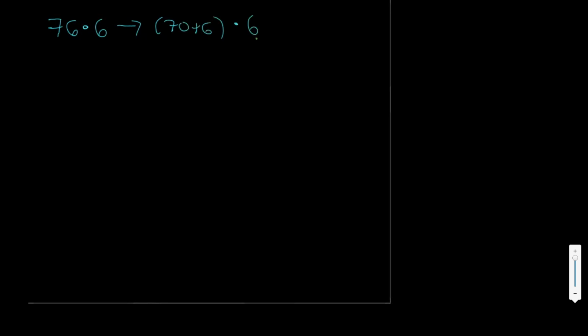And if we look back on that property of real numbers, remember the property of real numbers I said was going to come back? We have a distribution property. And that tells me that 6 times 70 plus 6 times 6 is equal to this, because I can distribute this to each part.